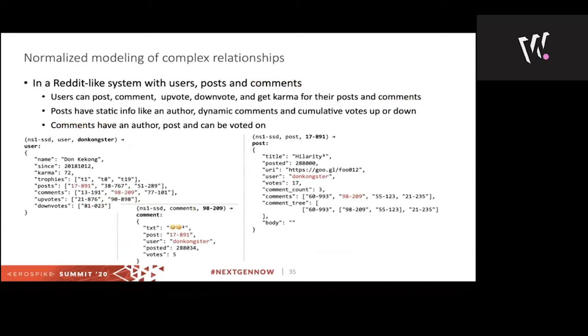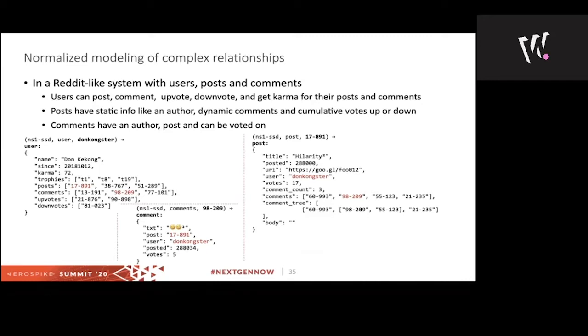So now let's show how we would do normalized modeling with complex relationships. If we're trying to model a Reddit-like system that has users, posts, and comments, and we want to have the ability for a user to post, comment, upvote, downvote, and get karma for their posts and comments.